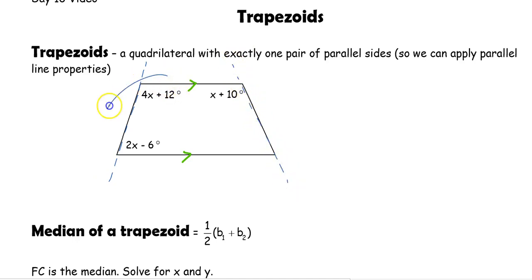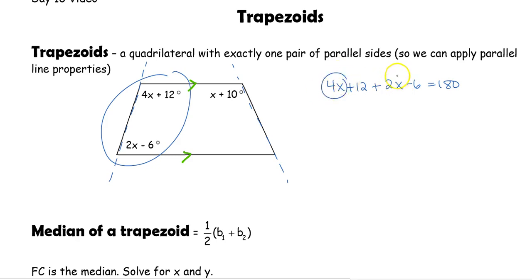In this case, I'm going to choose the transversal on the left, and if you remember from our parallelograms, we have same side interior angles here, and if they are same side interior angles, that means they're going to be supplementary. So being supplementary, that means they're going to add up to 180. So we've got 4x plus 12 plus 2x minus 6 is equal to 180.